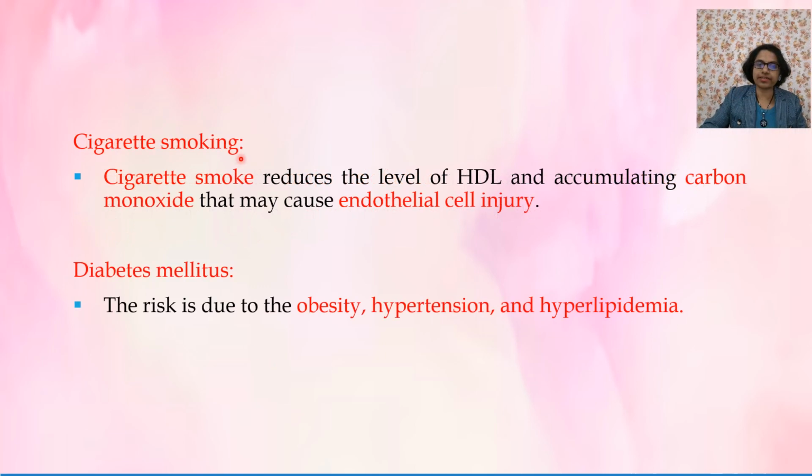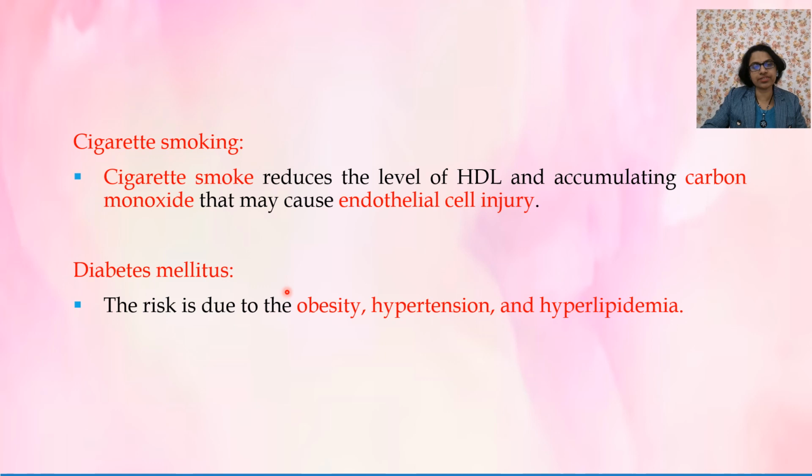Then another factor is cigarette smoking. Cigarette smoke reduces the level of HDL and accumulates carbon monoxide that causes endothelial cell injury. So we know the harmful effects of cigarette smoking; it reduces our level of HDL in the blood.